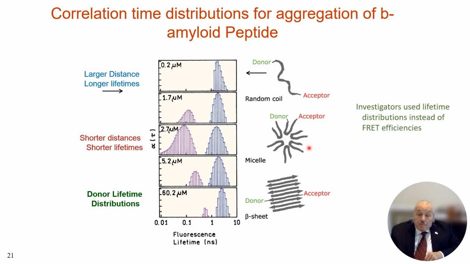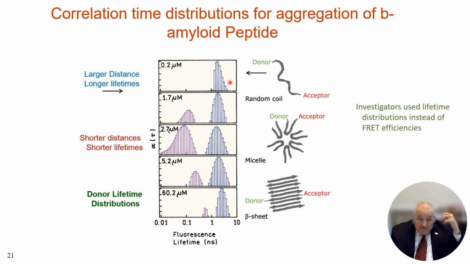So I'd like to give you a couple of other examples. These are not our data. This was an experiment on aggregation of the beta amyloid peptide. First of all, the investigators used the lifetimes instead of the FRET efficiencies.